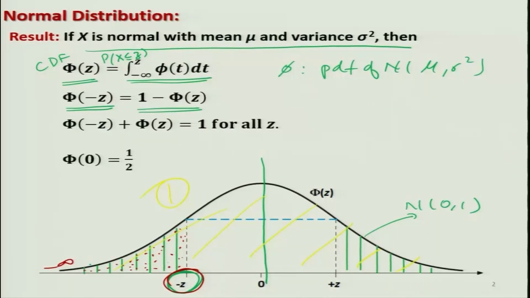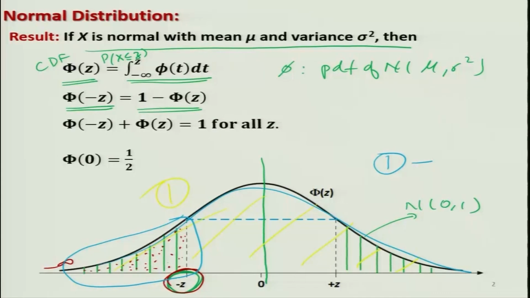Now, what is this area between minus infinity and minus z? This is the complete area minus what? Phi of z.